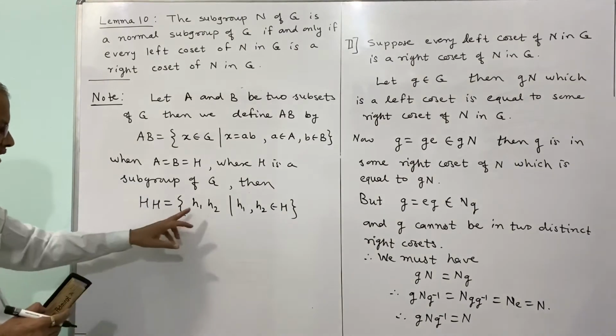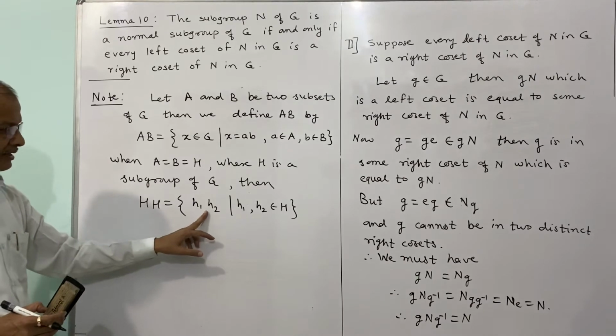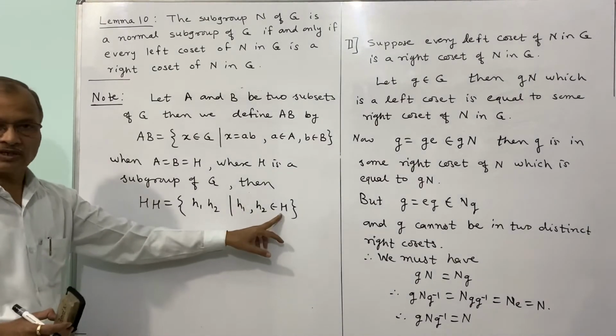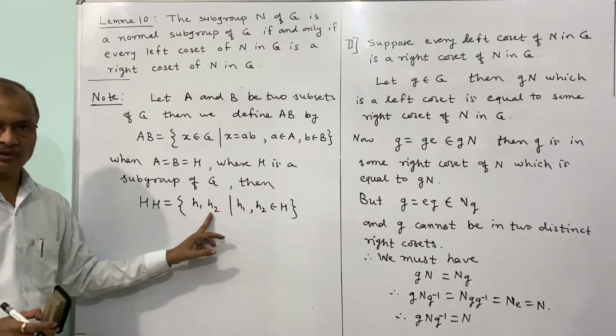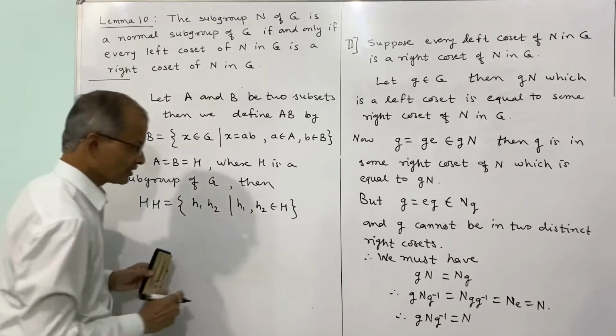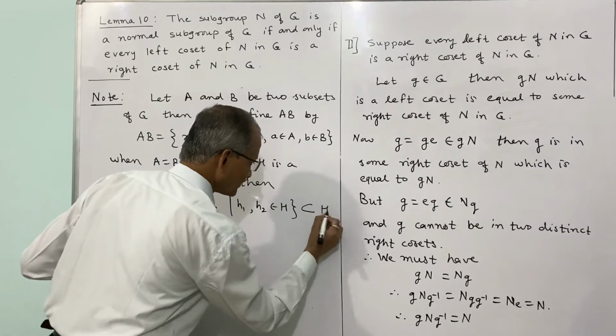Now, by the closure property, h1 is in H, h2 is in H, H is a subgroup, so h1 h2 must also be in H, and therefore HH is a subset of H.